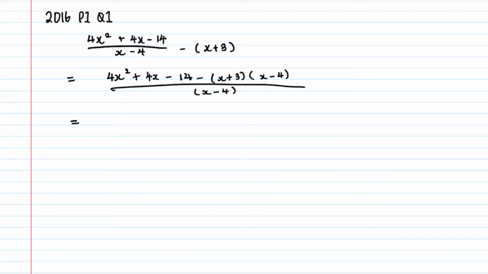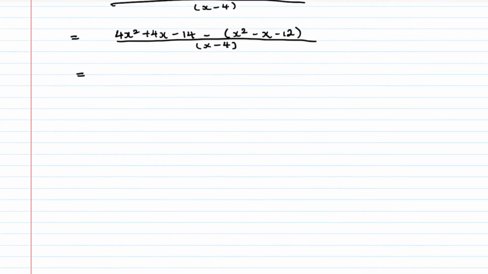When you expand it, you will get 4x squared plus 4x minus 14 minus x squared, so do your rainbow method, minus x minus 12, and the whole thing will still be over x minus 4. After this, all you need to do is open up the brackets, which makes it very simple. It's just going to be 3x squared plus 5x minus 2 over x minus 4.